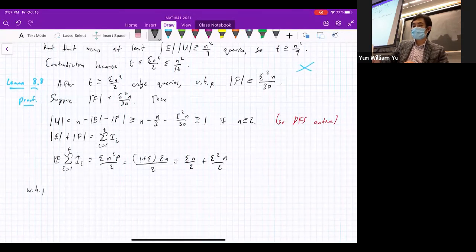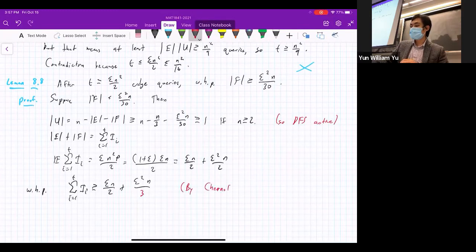And so, with high probability, the sum is greater than or equal to epsilon n over 2 plus epsilon squared n over 3. This is by a variant of Chernoff.